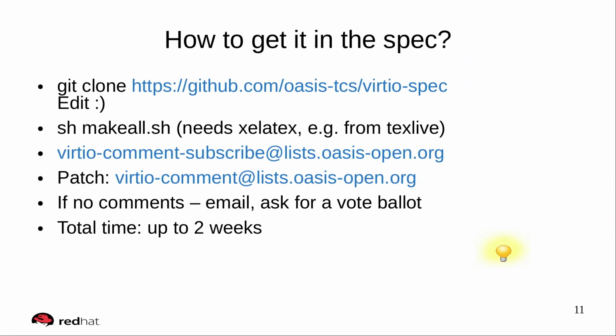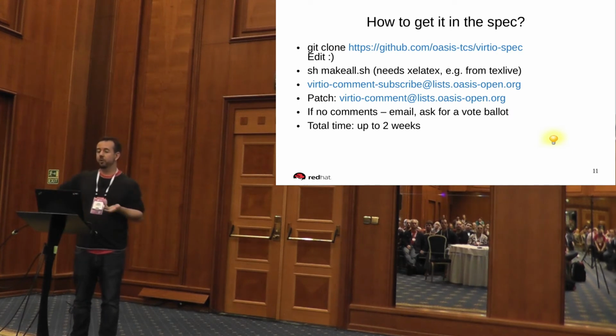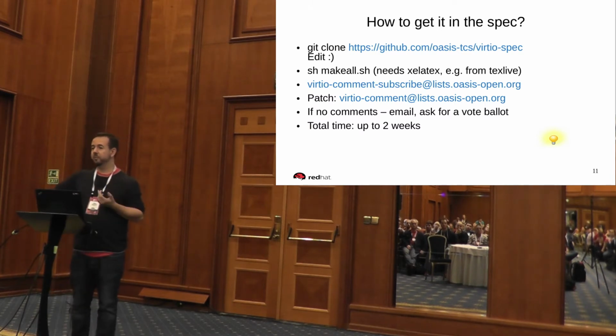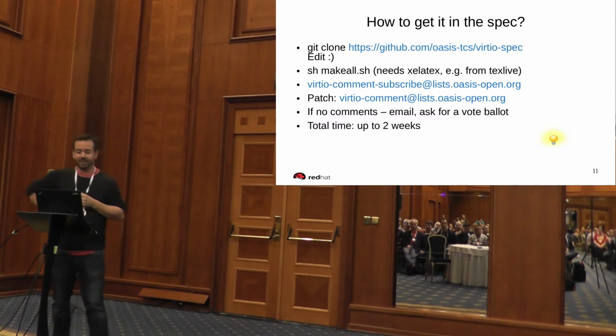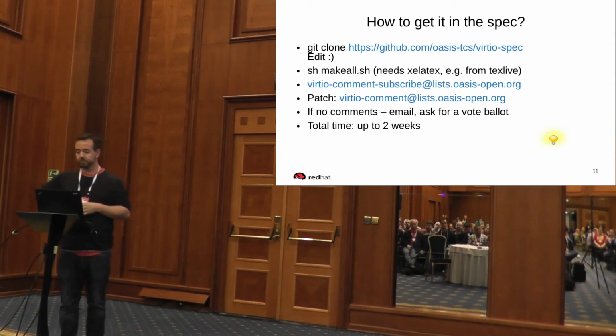How do you get this into the spec? You can git clone the specification, the LaTeX code, and you can change it. You can build it. It will build on Linux. It will also most likely build on Windows or Mac, I guess. What you do then is you subscribe to this mailing list, Virtio comment, send an empty email there, and you will be subscribed.